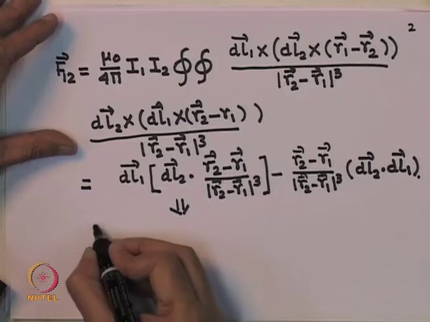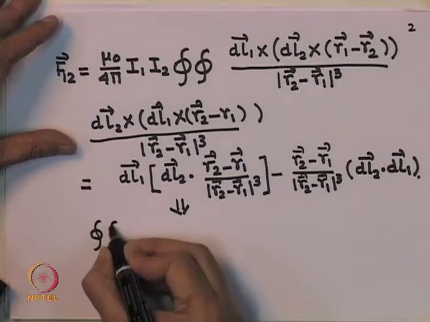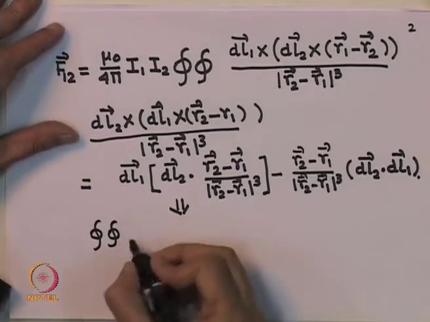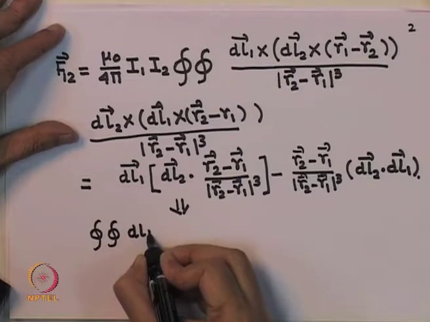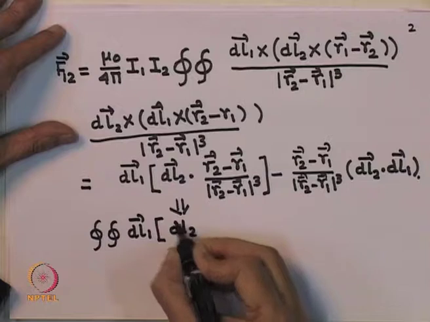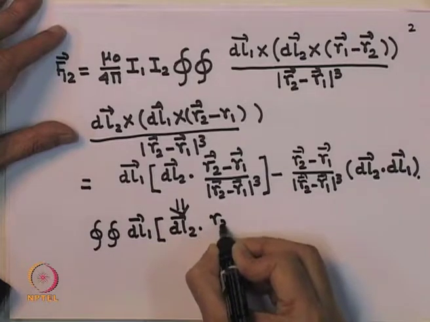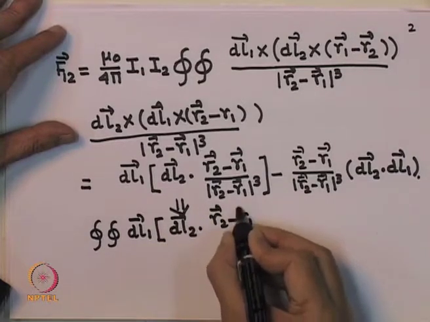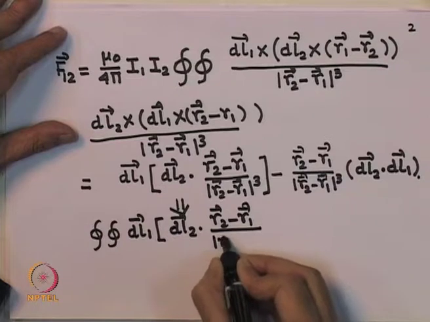So, therefore, I take the double integral and I said dL1 times dL2 dotted with (R2 minus R1) divided by |R2 minus R1| cubed.